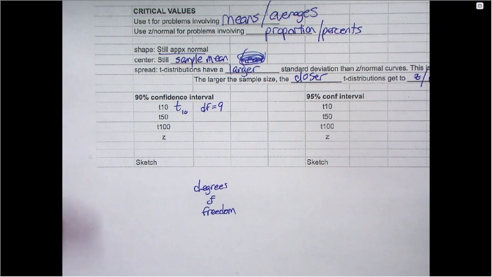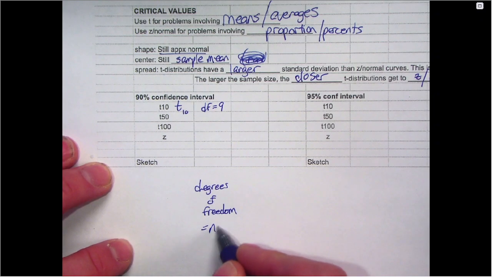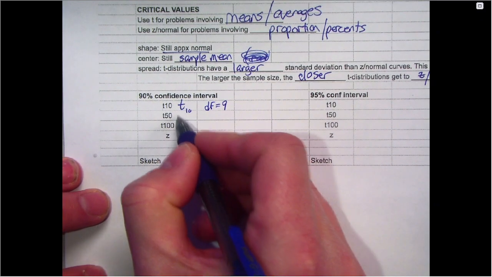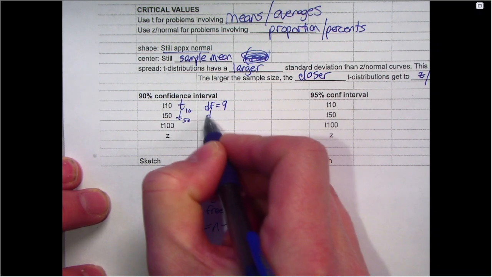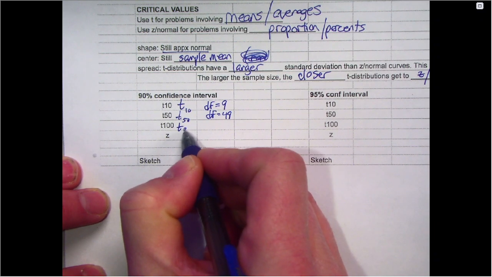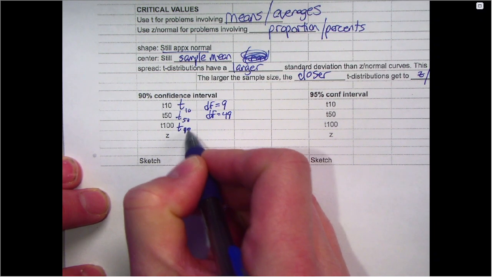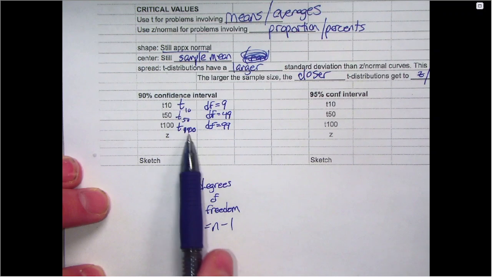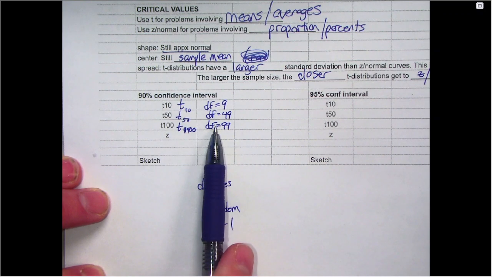I don't want to do it right now because it would get lost in what I'm actually trying to teach. But it's just one less than the sample size every time. So degrees of freedom is n minus 1. So this is supposed to be T50, which means the degrees of freedom equals 49. This is supposed to be T100. Degrees of freedom is 99. So the number at the bottom there is the sample size, and then the degrees of freedom is always one less.